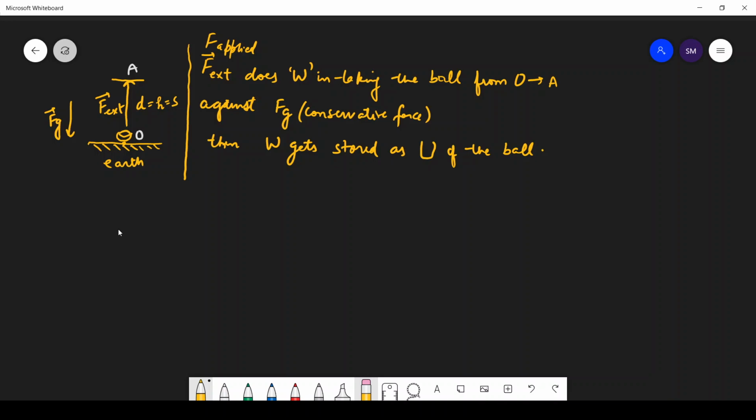Now, this was the first step, and second, F external is removed at A. So after reaching A point, F external is removed.